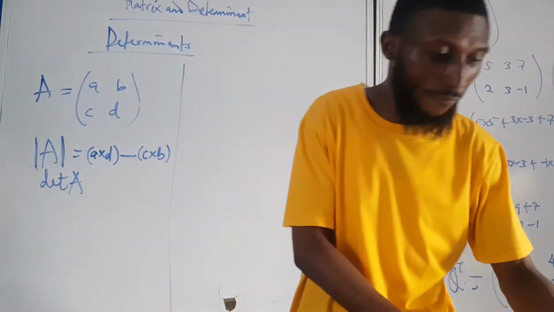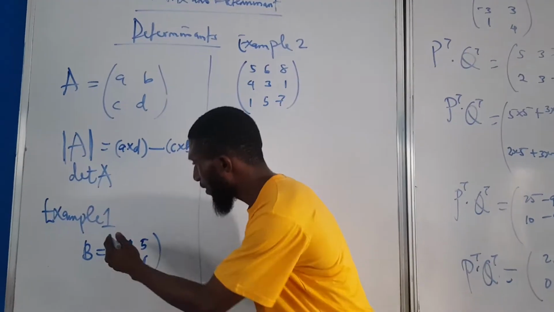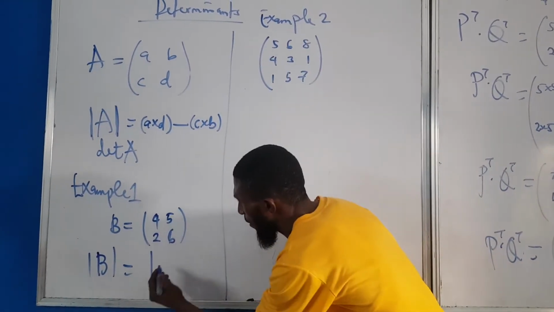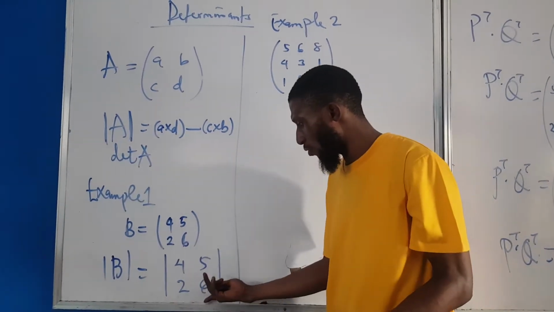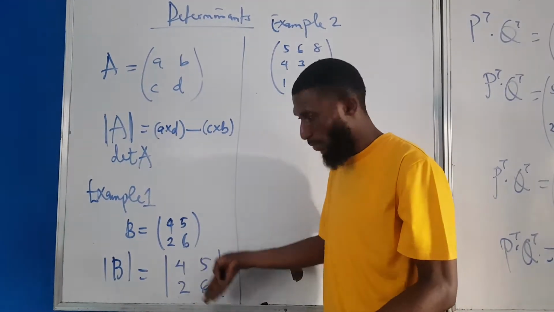Let's take this as our first example. Let's say we have the determinant of B, and B is given as 4, 5, 2, 6. Immediately you are ready to do the determinant, you change this bracket to straight lines, the modulus.